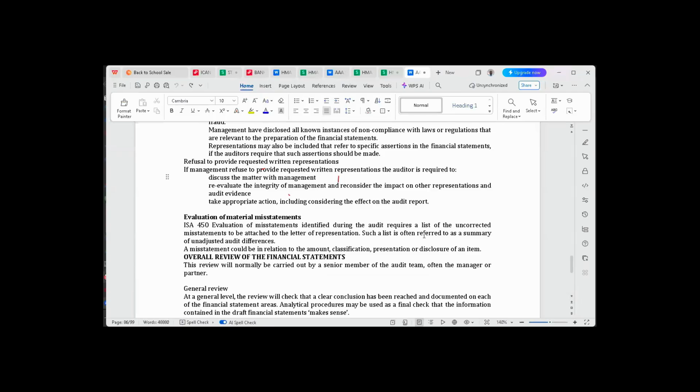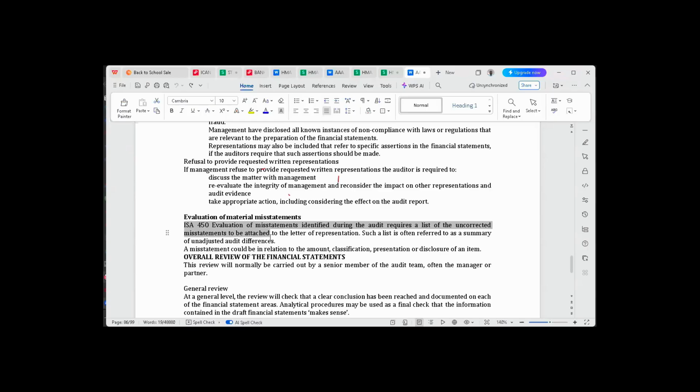Now this next one, evaluation of material misstatement. This is ISA 450 that talks about evaluation of material misstatement. This auditing standard requires a list of uncorrected misstatements identified during the audit to be attached to the letter of representation.